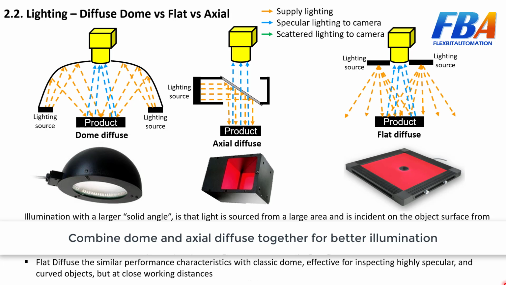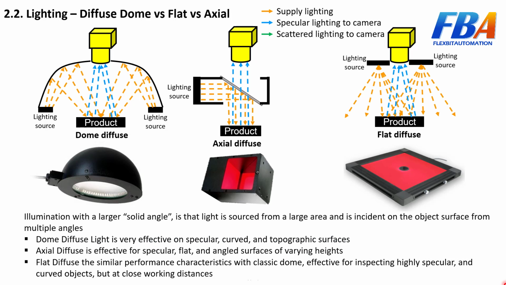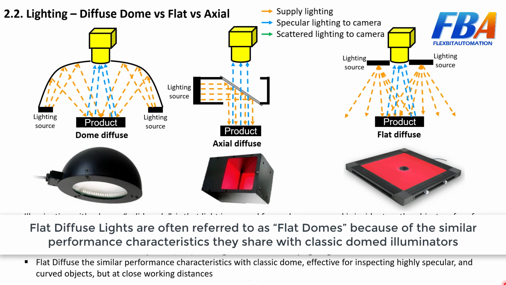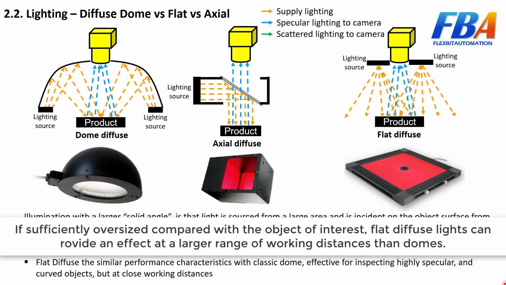And flat diffuse lights are often referred to as flat dome because of the similar performance characteristics they share with the classic dome illuminator. It's sufficiently oversized compared with the object of interest.